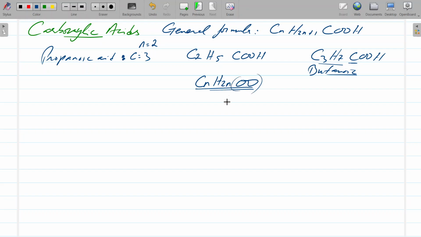Is the functional group 2 oxygens, like what is it? The number of hydrogens is not our primary concern.